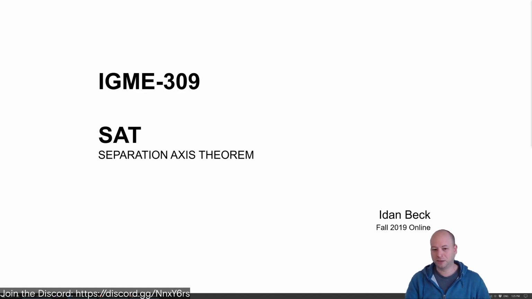So separation axis theorem is a really fun, eloquent little theorem that allows us to have this early out approach to determining the collision of two objects by determining, can I, like, imagine a piece of paper, if there's two things in the air and I put a piece of paper between them, and then the paper doesn't touch either one, then they're not touching each other either, right?